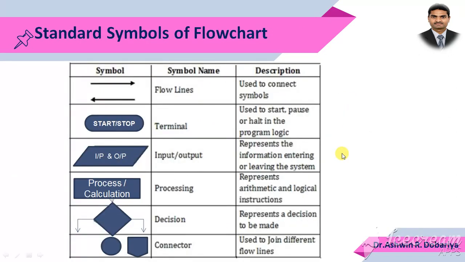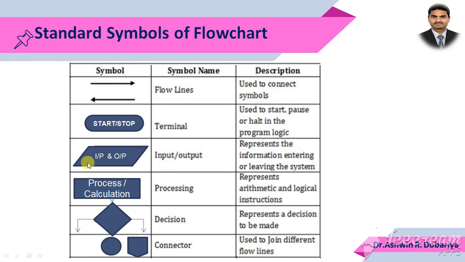Let's see an overview of the standard symbols of the flowchart. A very common symbol is the arrow, which is known as flow lines, and the use of flow lines, or arrows, is to connect all the symbols in a flowchart. Second is the terminal symbol, which is generally used for the starting and ending of the flowchart.